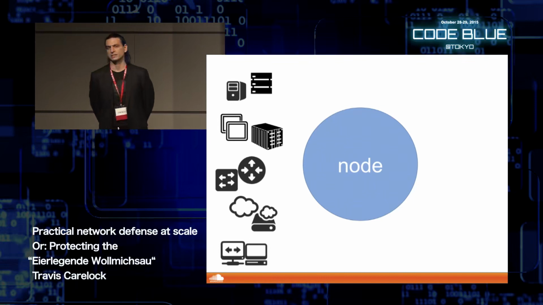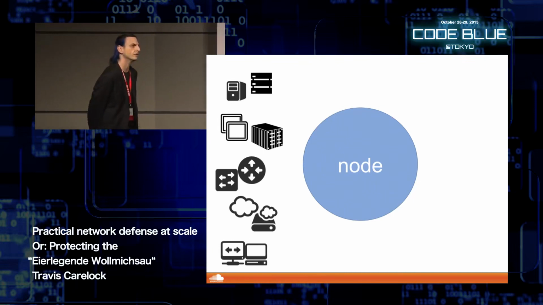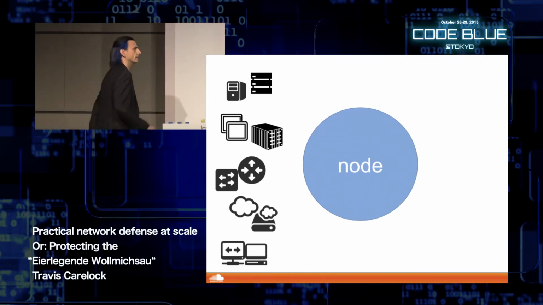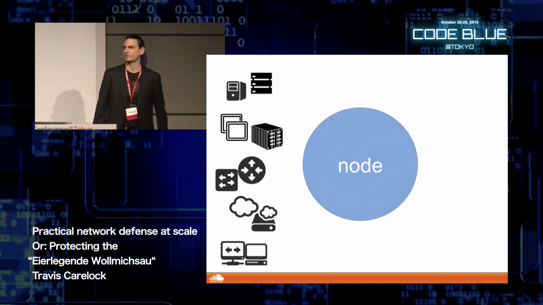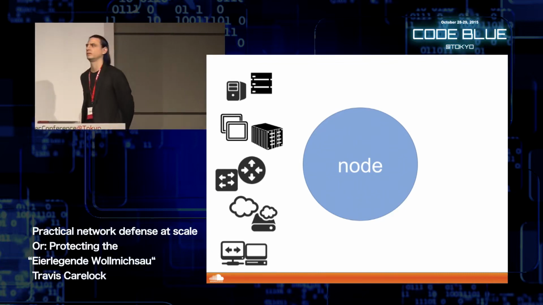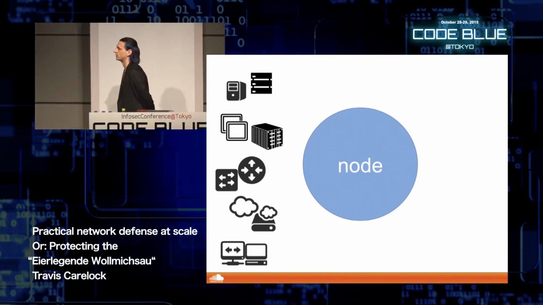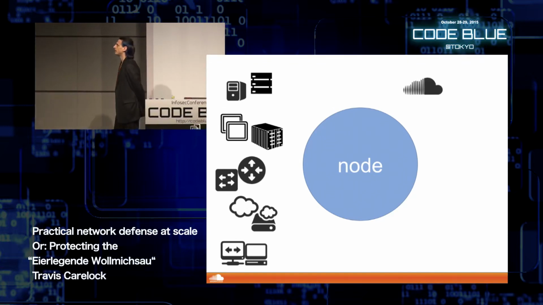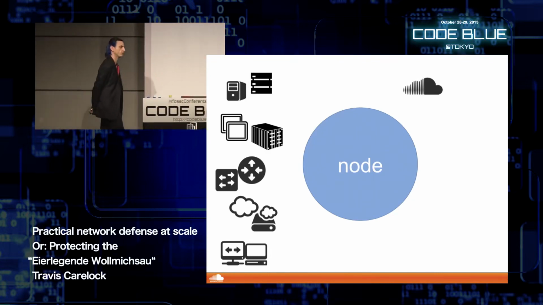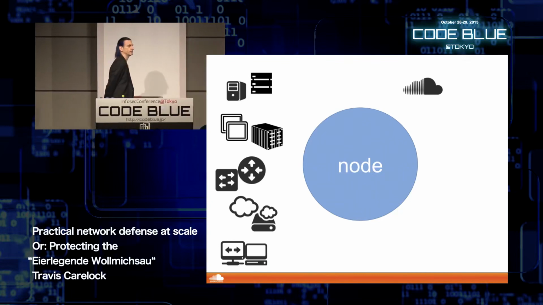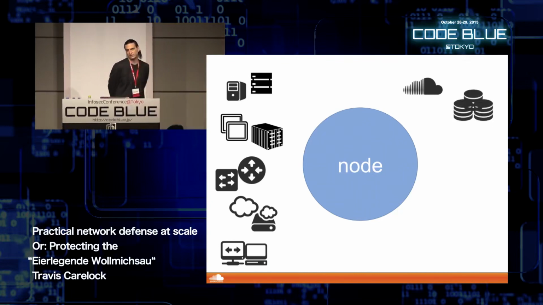Or they could just be, in general, users coming into your network to perform some sort of action, VPNing into your network or something like that. So these nodes pop up and perform some sort of action and then go away. Now, these nodes could be doing any number of things. They could be servicing some microservice or some sort of web scale application and all its dependencies. The node could be a database or part of a database cluster.